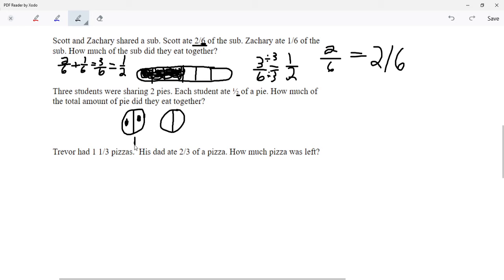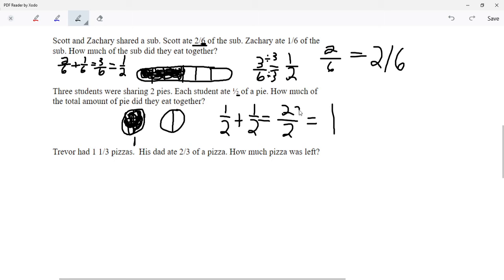They ate 1 pie, right? They ate this whole pie. If 2 people eat a half, so 1/2 plus 1/2 equals 2 halves, and 2 halves just equals a whole.